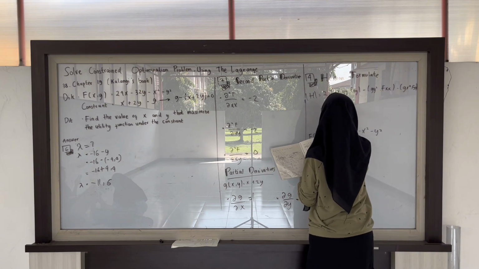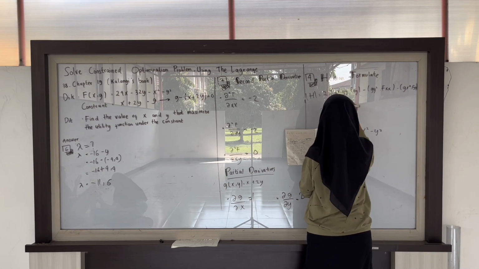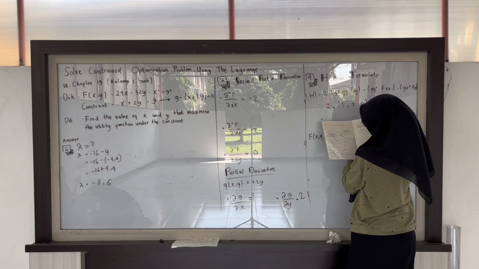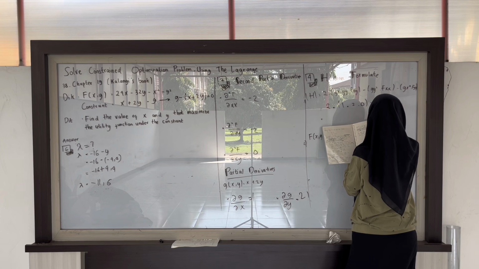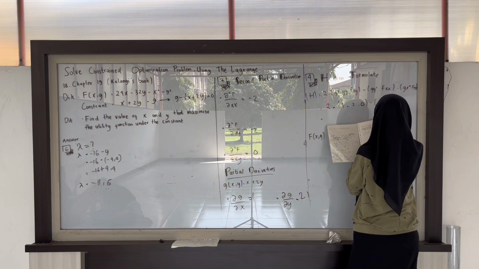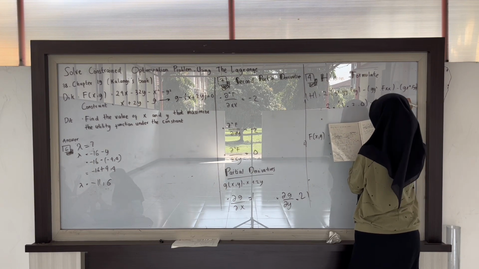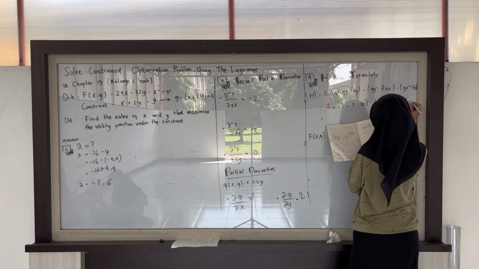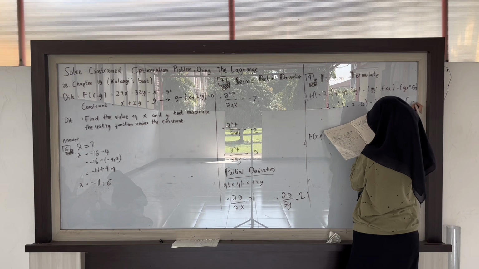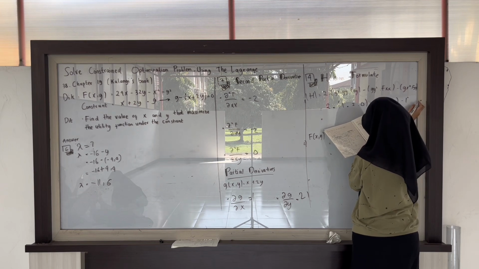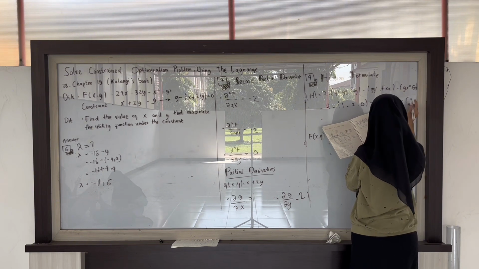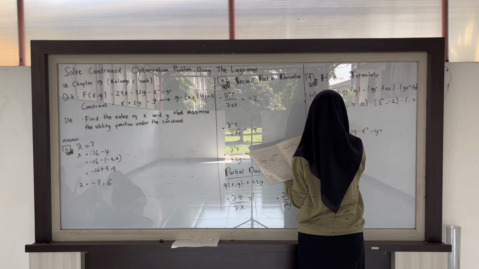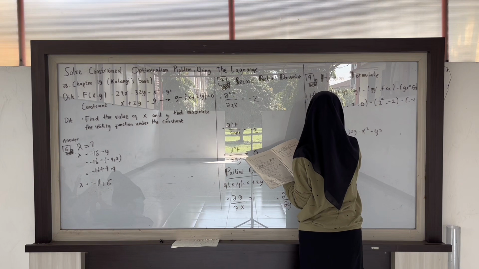So 2 times 1 times 2 times 0 minus 2 squared times minus 2 minus 1 squared times minus 2, and we got 10.